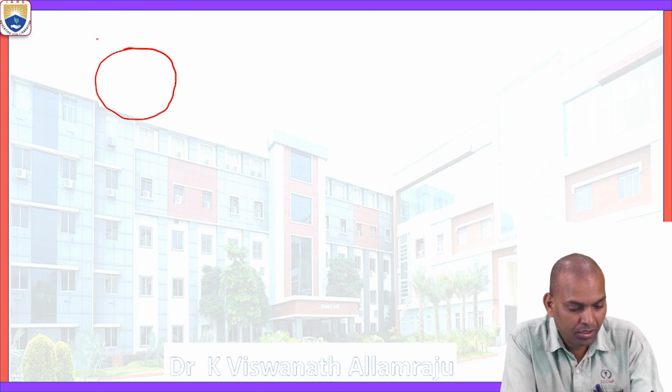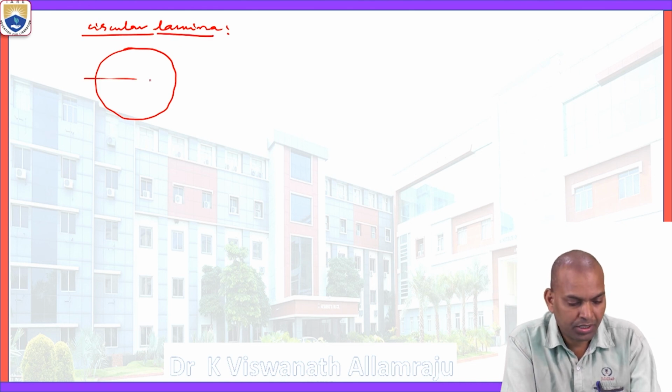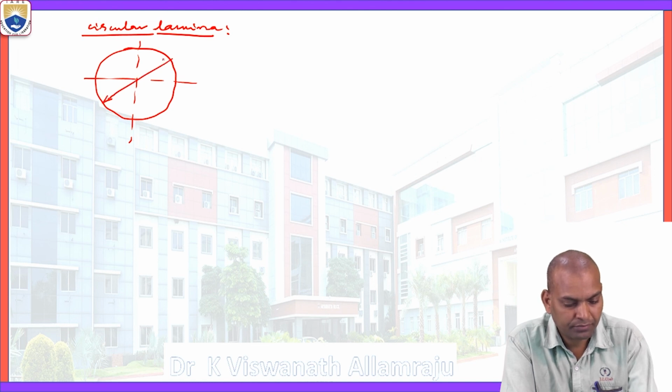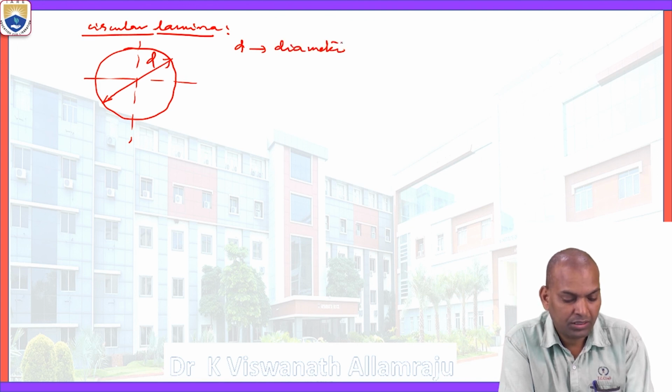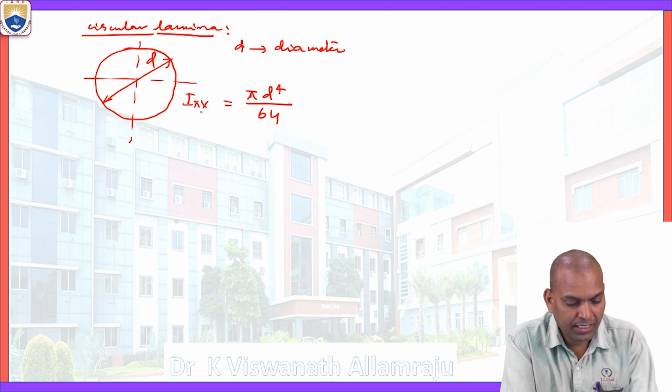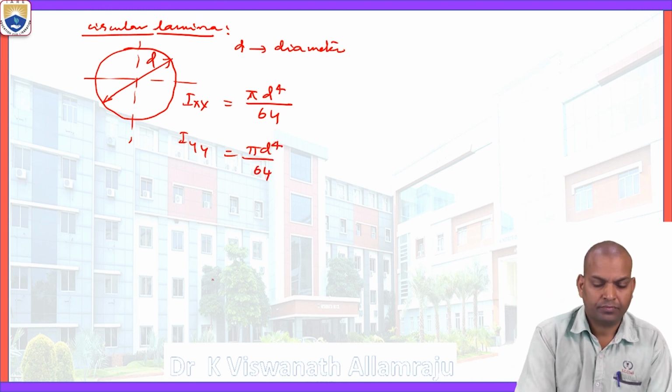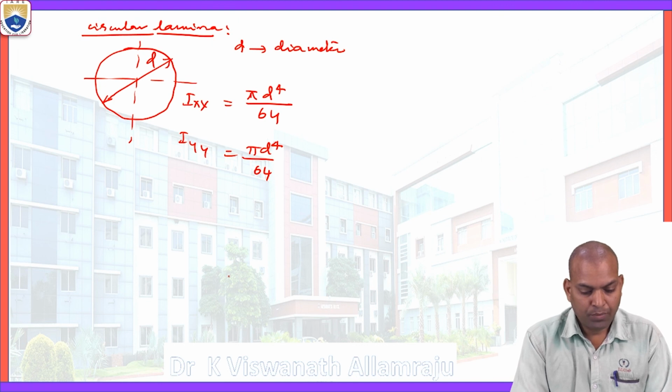Now the moment of inertia of a circular cross section or circular lamina. For a circular lamina, where d is the diameter, it becomes pi d power 4 by 64 about the x-axis or y-axis. So this is the moment of inertia.